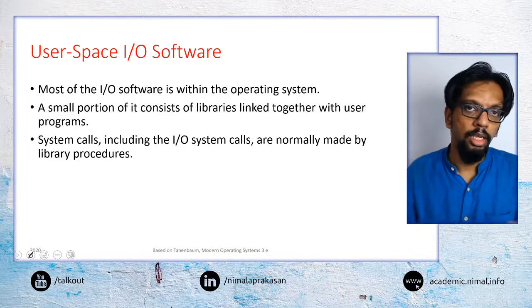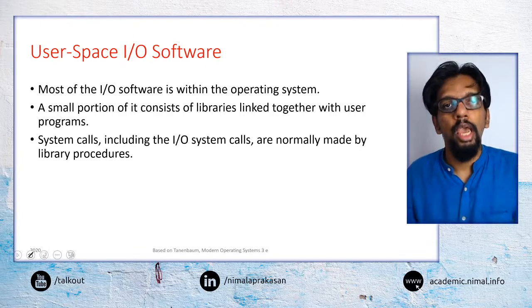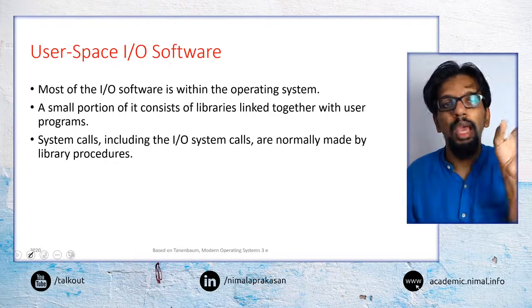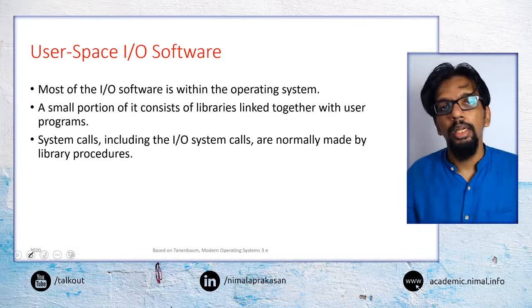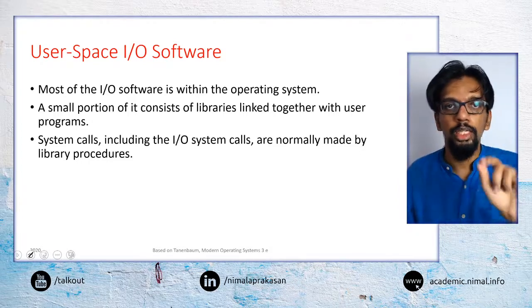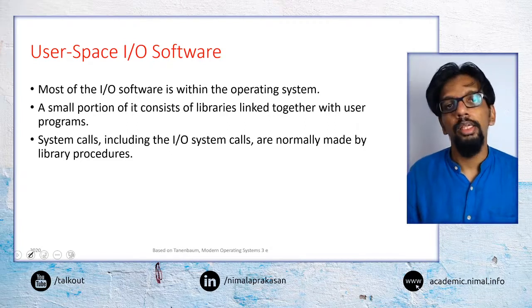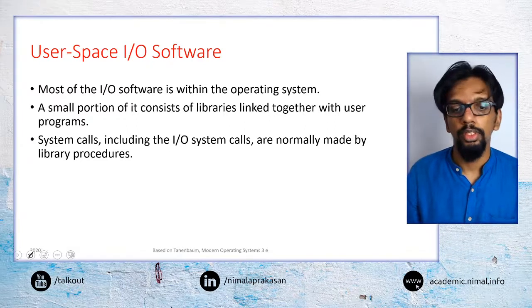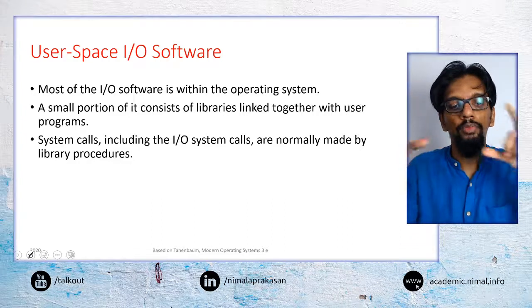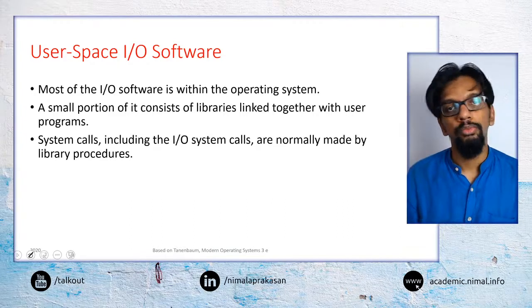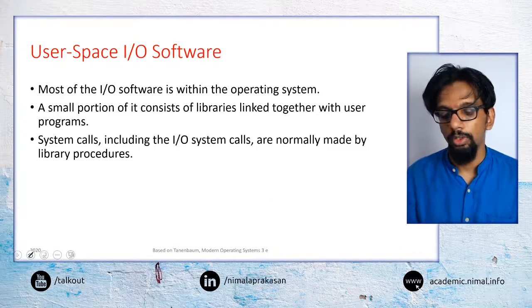So things like printing libraries or scanning libraries and so on, we may have some additional capabilities built into the software itself, so it at least knows how to communicate with these device independent software interfaces. So that is something that we would have as part of the user space software also.